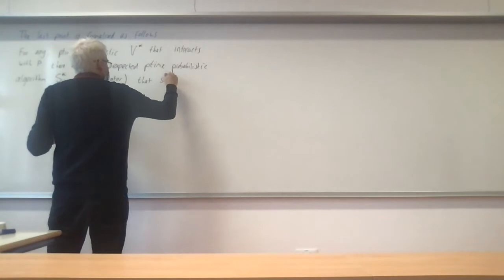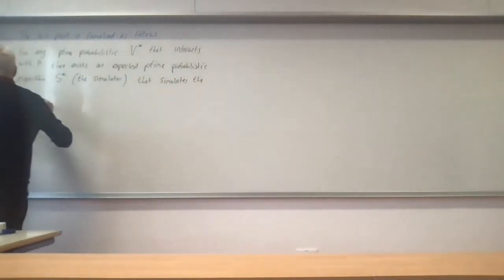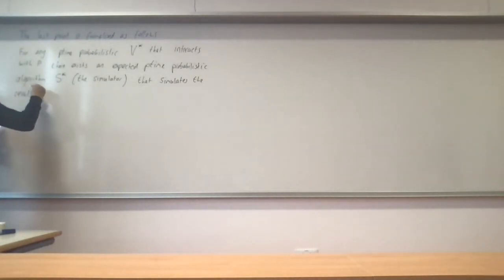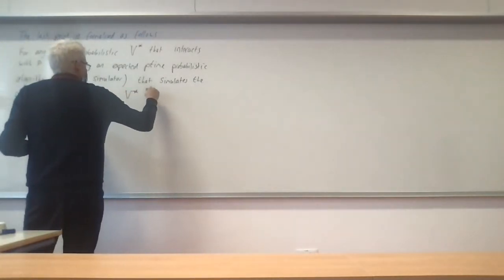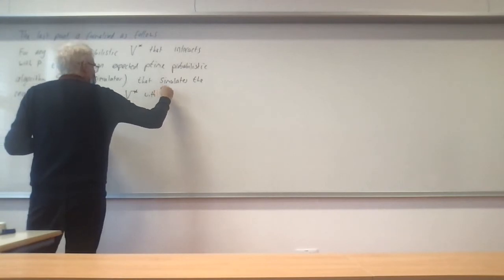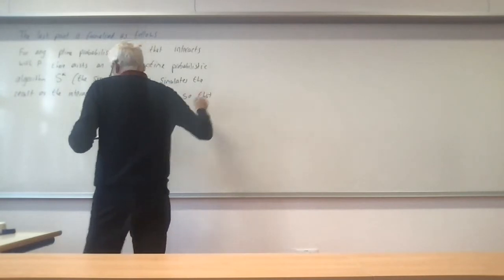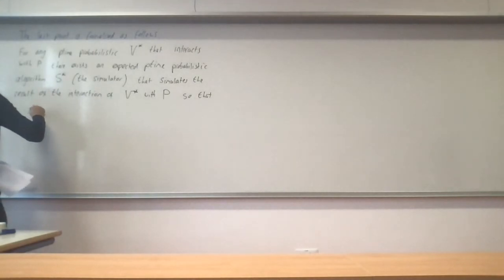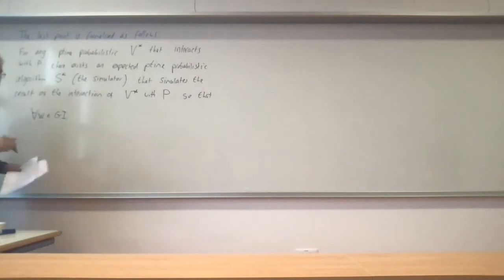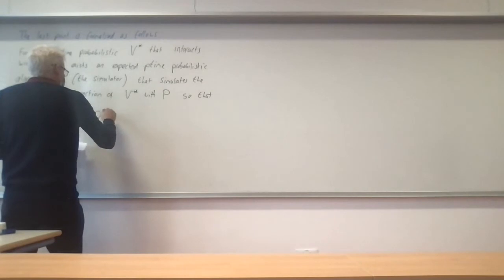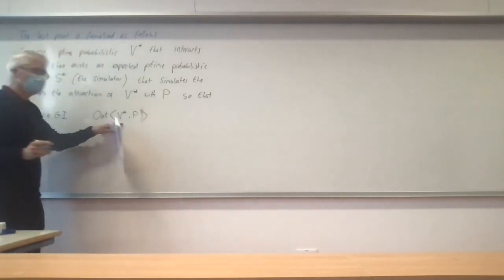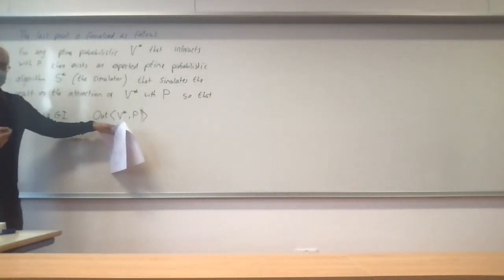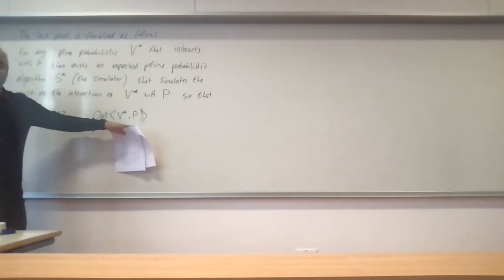So that simulates the result of the interaction of V star with P. So what we have is that for all instances of the graph isomorphism problem, so all possible inputs where there is actually a graph isomorphism, if we run the interactive proof using our tricky verifier, that could be the actual verifier, but might be a different verifier that's trying to trick the prover to give information, which it's not going to be able to do.